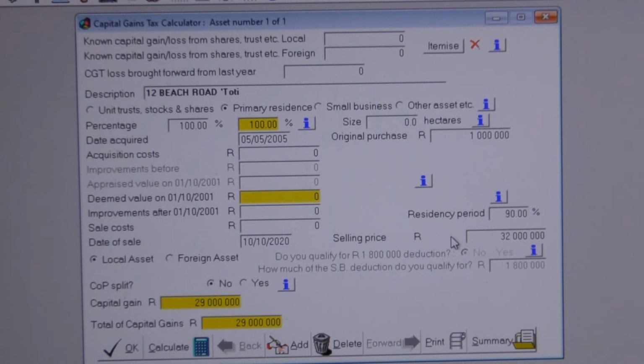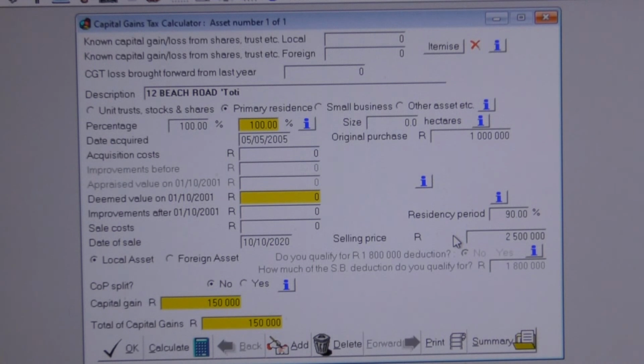So our capital gain is the profit of 31 million less the 2 million rand primary residence exclusion as normal. Only when the residency period percentage times the profit is less than the 2 million rand primary residence exclusion does the 2 million rand exclusion fall away, and our amount for capital gain is the non-residency period percentage of the profit.